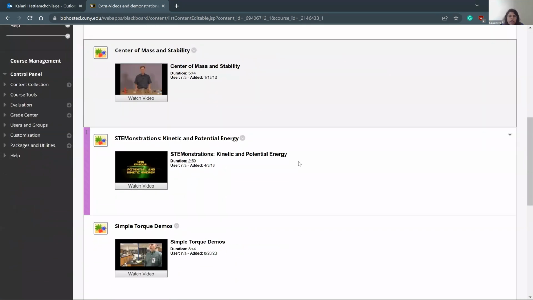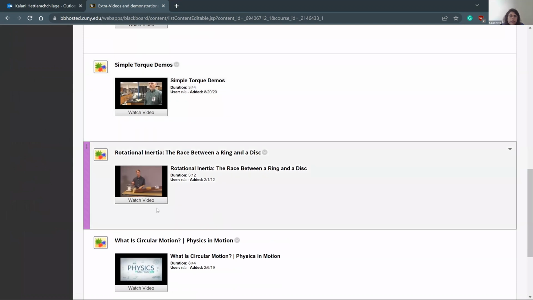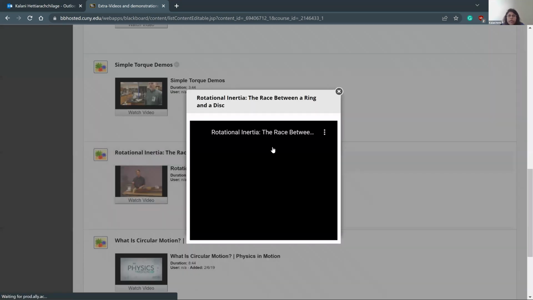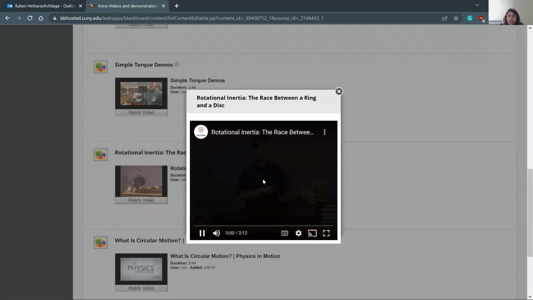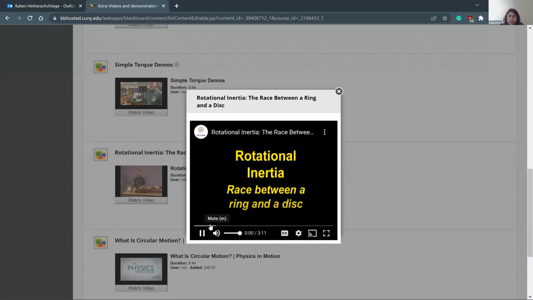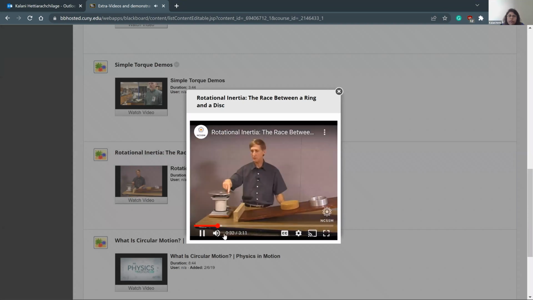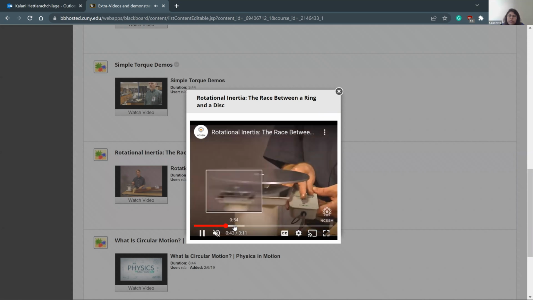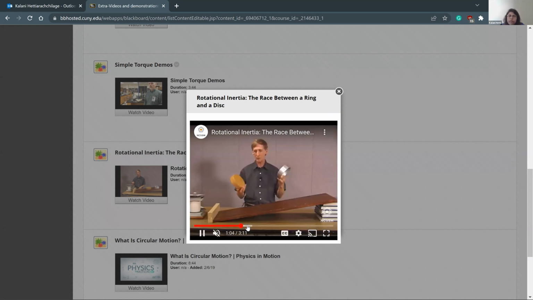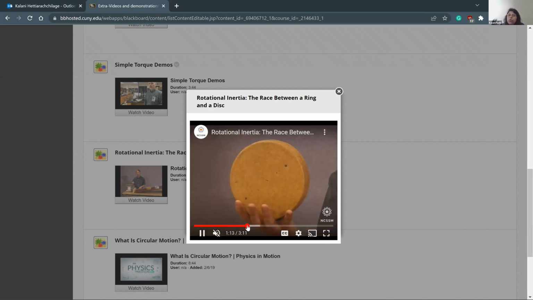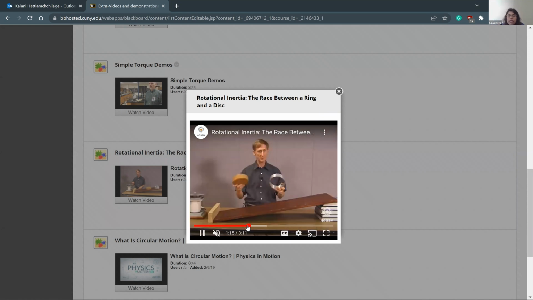Now if I go to this video, you can see there are two objects in the video. Say they have the same mass, but one is a hoop and the other is a solid cylinder.